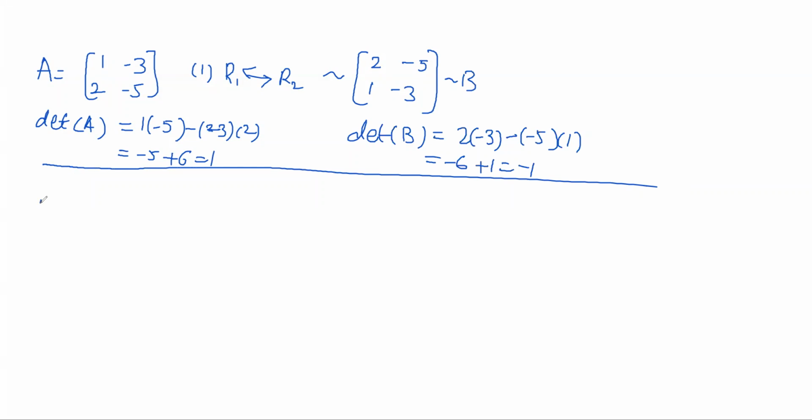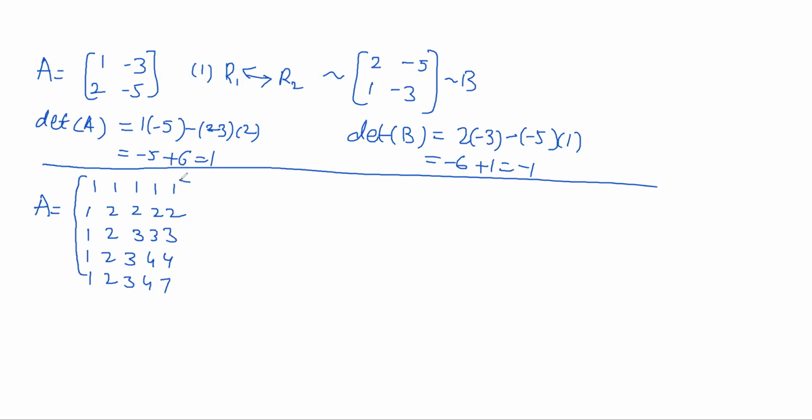Now let's find the determinant as an added example for this 5 by 5 matrix. It is 1, 1, 1, 1, 1; then 1, 2, 2, 2, 2; then 1, 2, 3, 3, 3; and then 1, 2, 3, 4, 4; and then 1, 2, 3, 4, 7.